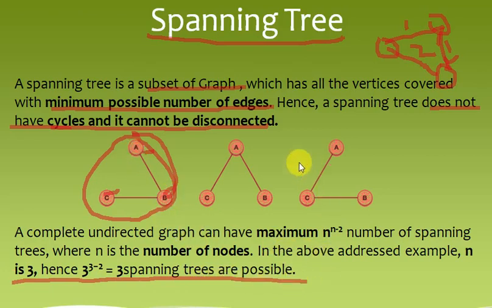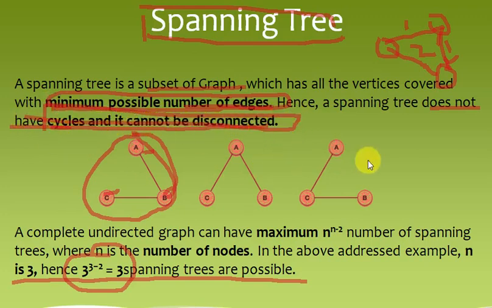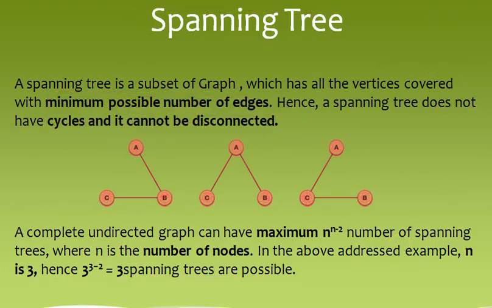We can create 3 different trees by using this formula. So the important thing with the spanning tree is this one: the minimum possible number of edges are required. For example, we are having 3 nodes, then we are using only 2 edges, and the second thing is there will be no cycle in the spanning trees.